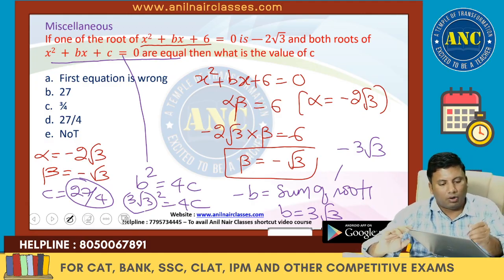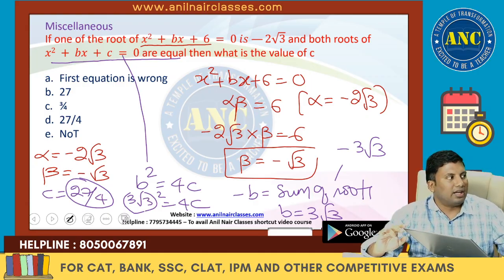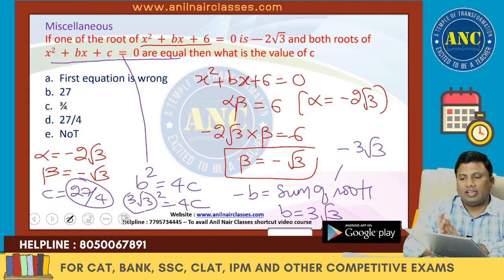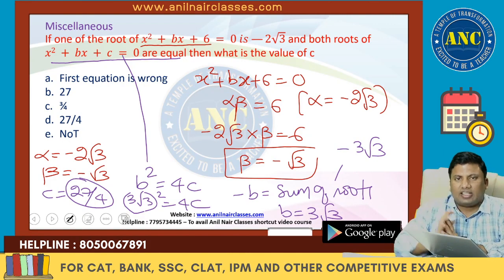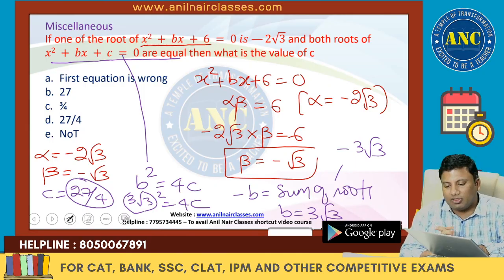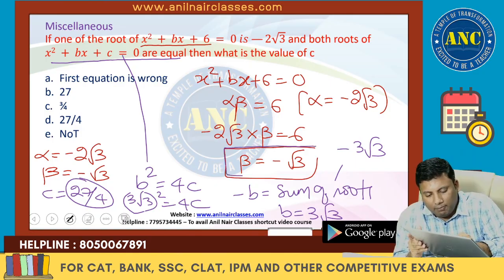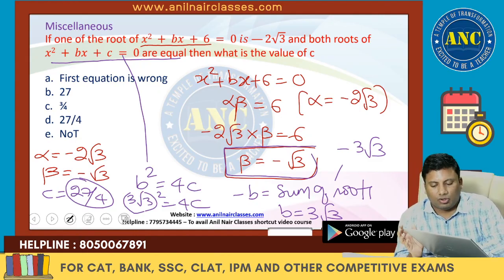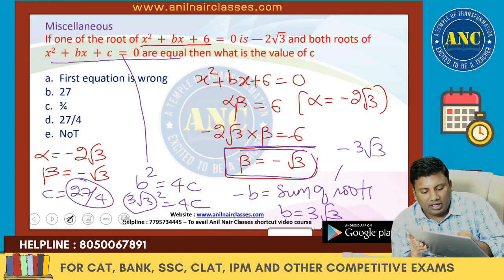I hope the idea is clear. One root is given, minus 2 root 3. The constant is given, and the product of the roots is c by a, so alpha beta equals 6. Beta is minus root 3.